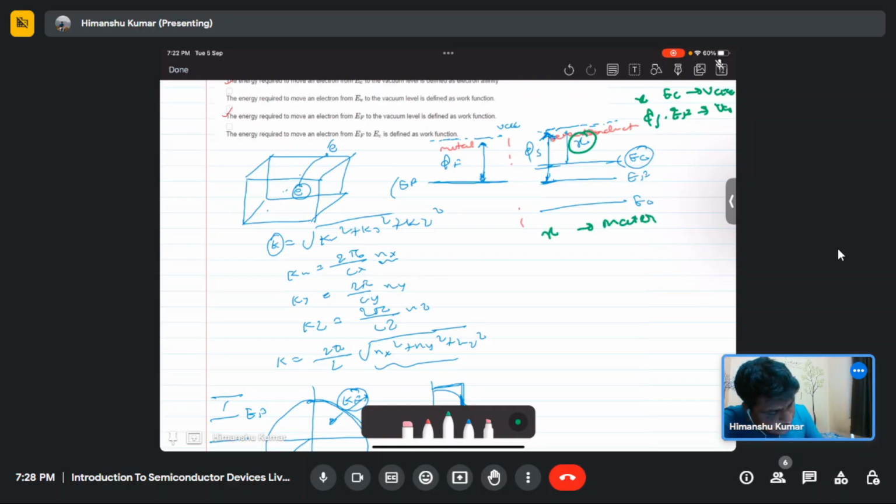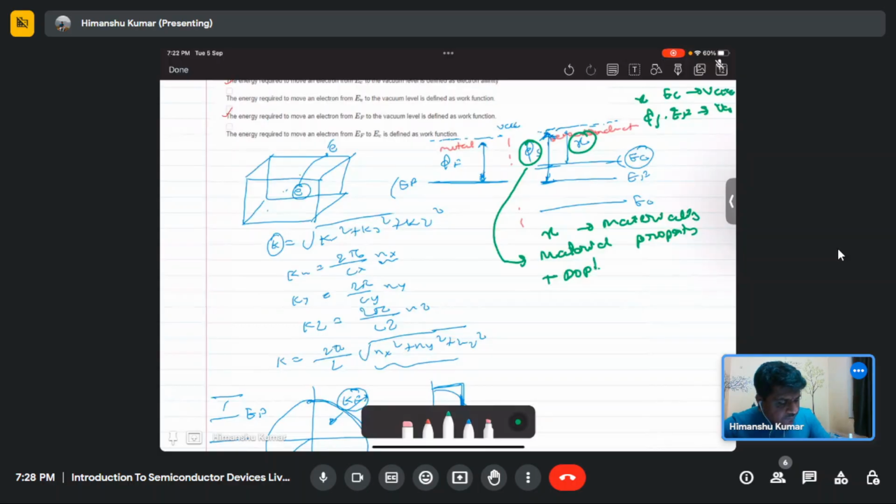Different materials have different values of electron affinity. And phi s, the semiconductor work function, is also a material property, plus it is also dependent on doping.